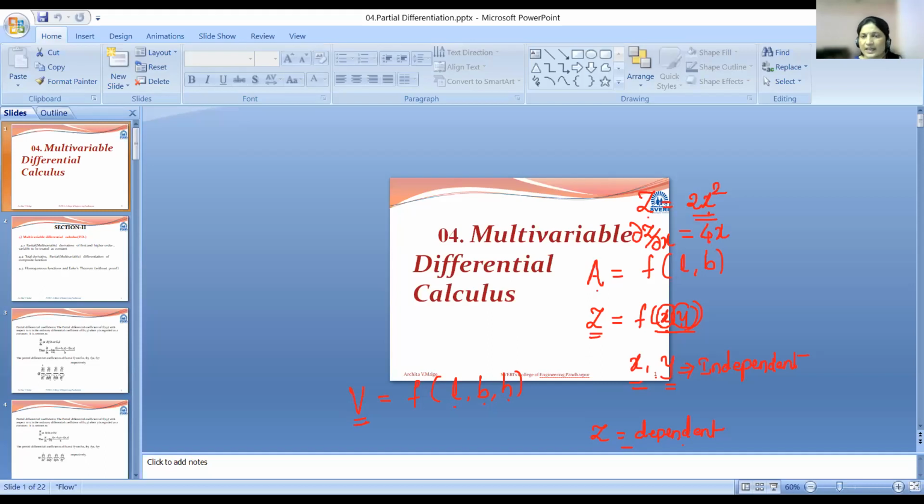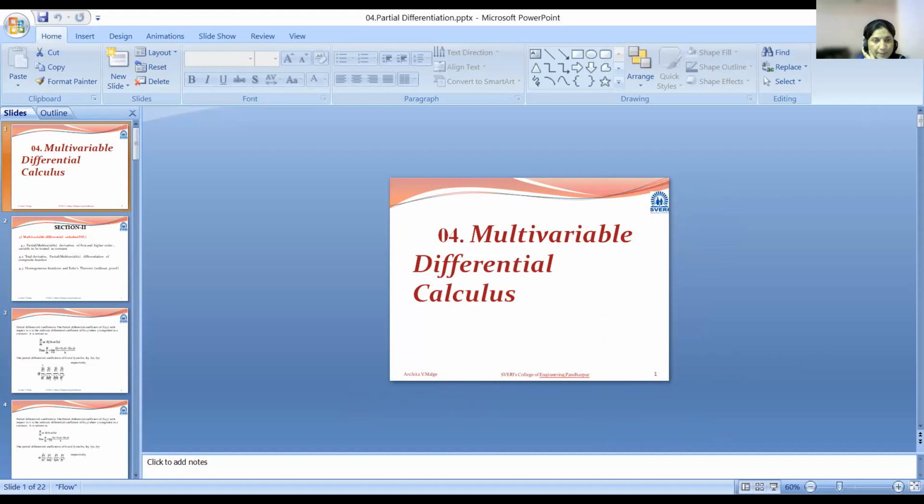If we are changing the value of x, obviously we are getting different values of this z. Means here x is independent and z is a dependent variable. Everyone understood this? Yes, ma'am. Dependent variable and independent variable.